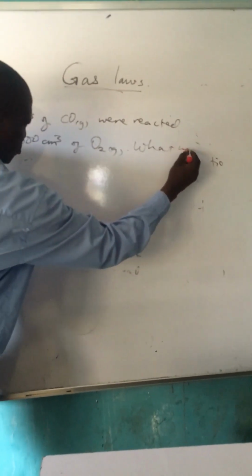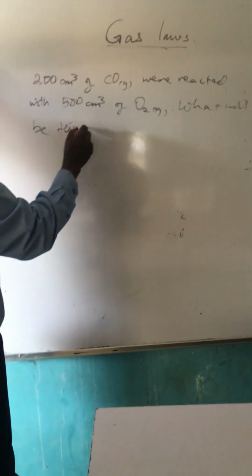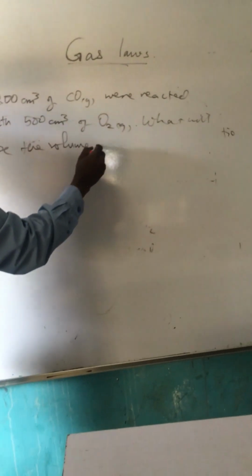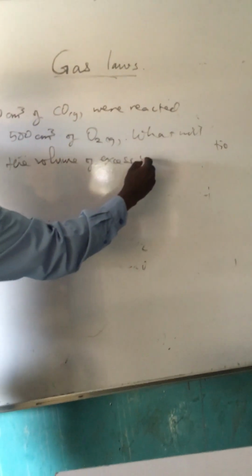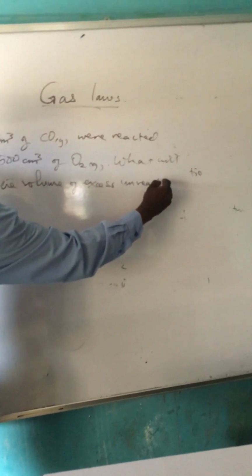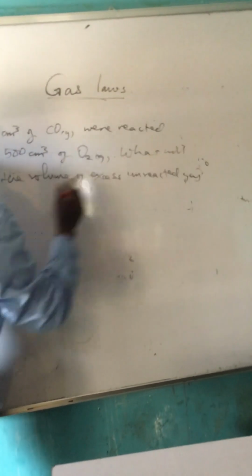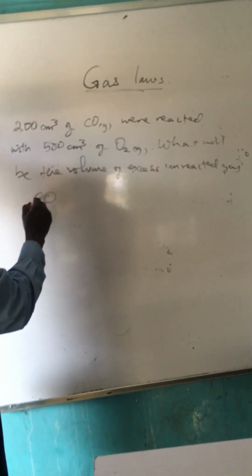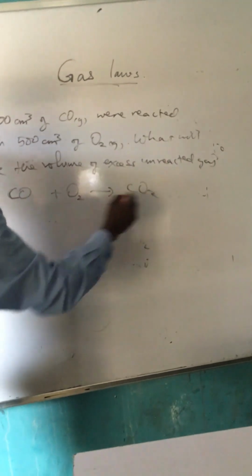What will be the volume of excess unreacted gas? That is exactly what I told you: CO reacting with oxygen to form CO2.